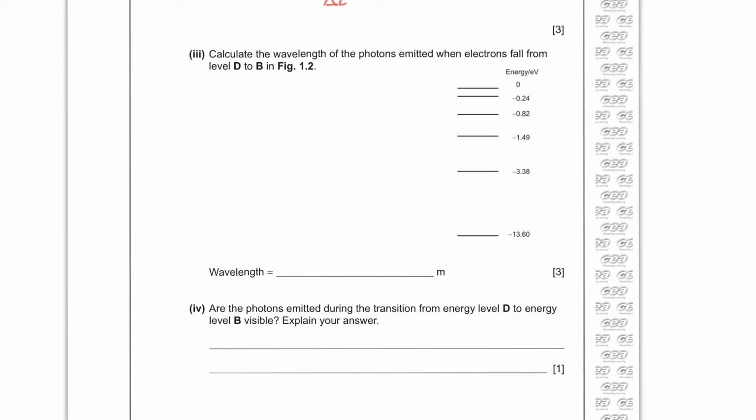And they have asked us specifically to look at a transition between the D and the B levels, so that's a transition down between those two levels. And so we can see the energy level gap there. We're going from minus 0.82 to minus 3.38.